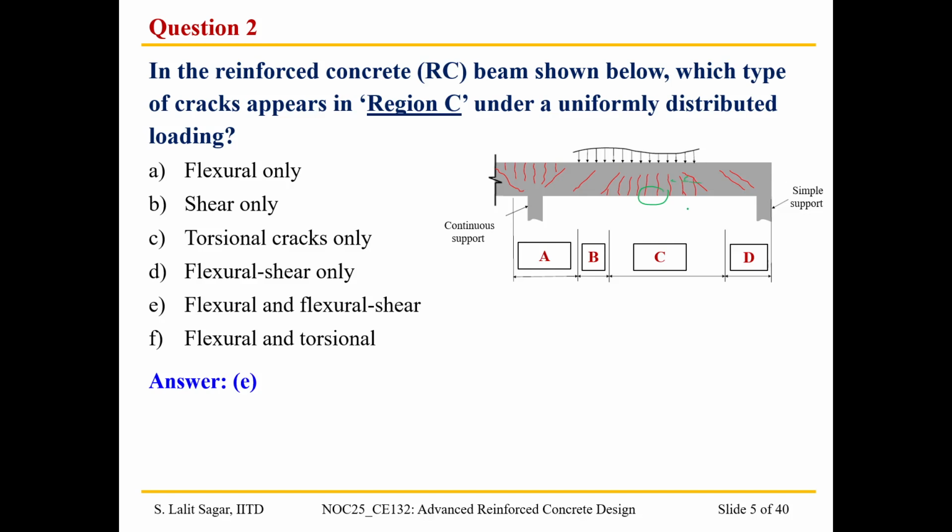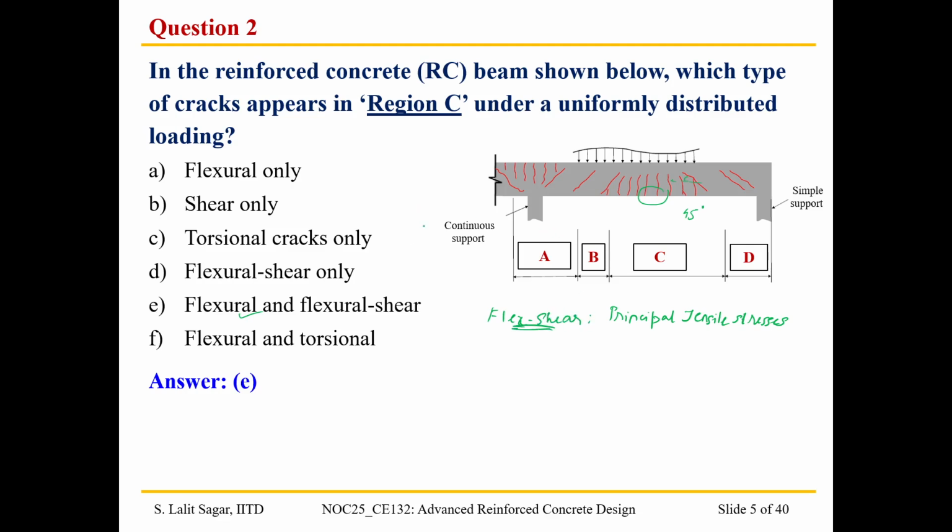This angle is approximately 45 degrees, and these are called flexural shear cracks because they are initiated as flexural cracks, but they tend to crack at an angle because of the principal tensile stresses. So these are the flexural shear cracks.